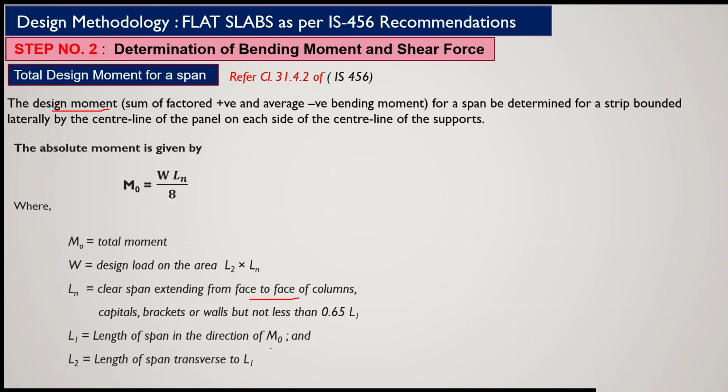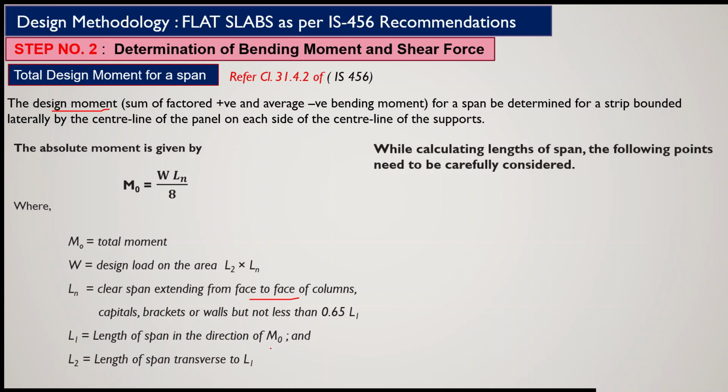And L2 is the length of span in the transverse direction, that means in the perpendicular direction to L1. Now here you have to calculate L1, Ln and L2. While calculating length of span, the following points need to be carefully considered.